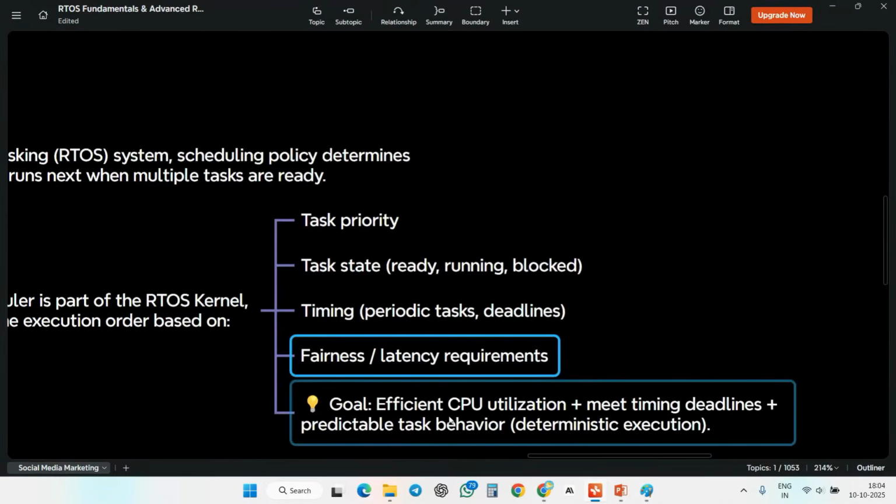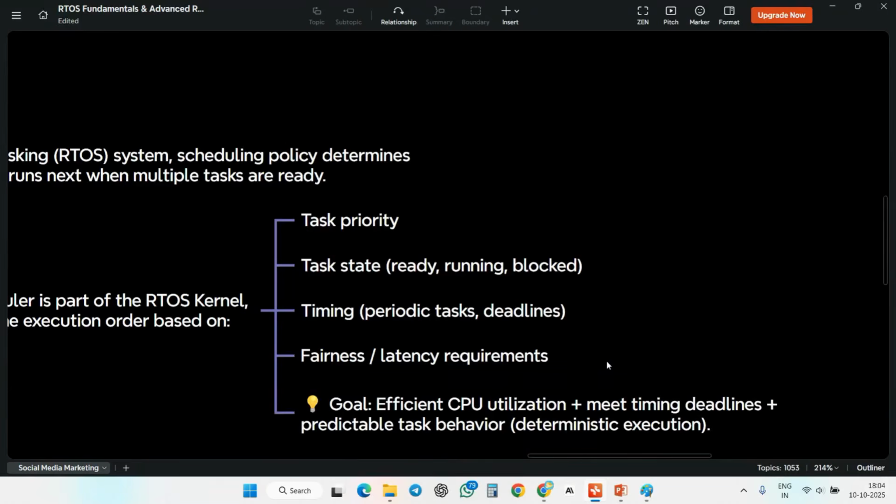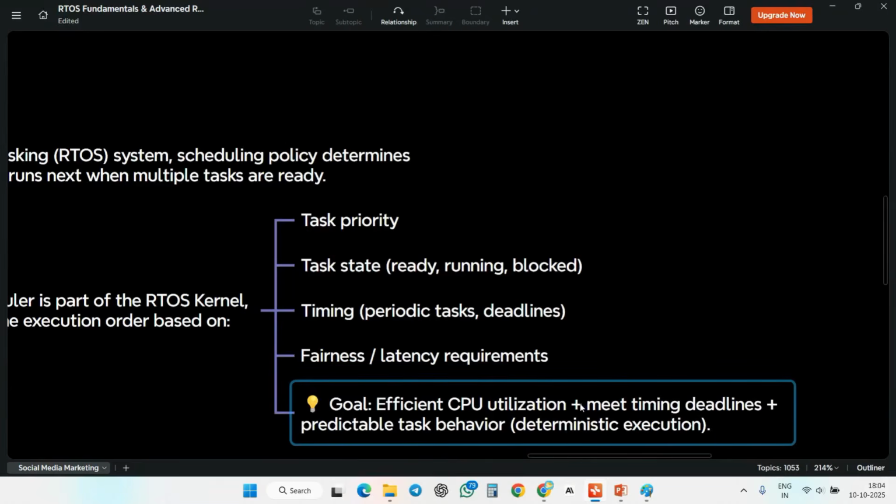If you do that, this is the goal: you utilize the CPU properly, meet the deadlines and get predictable task behavior, that means deterministic execution.